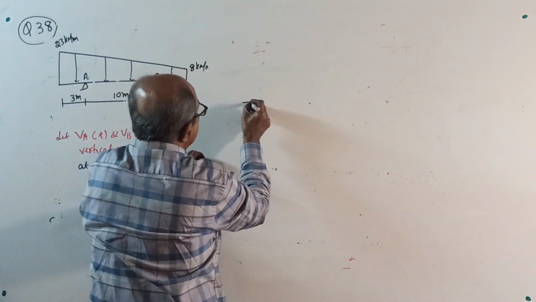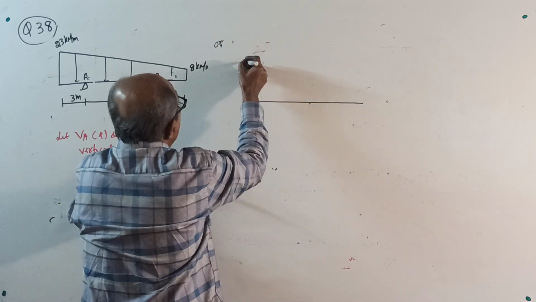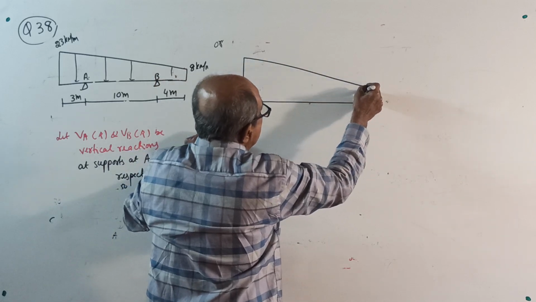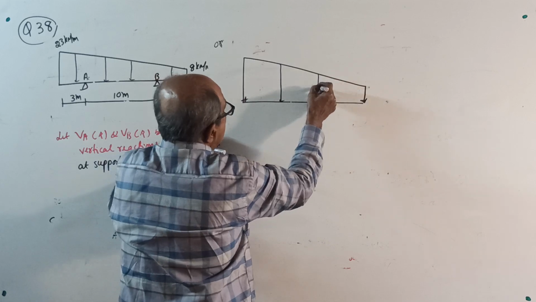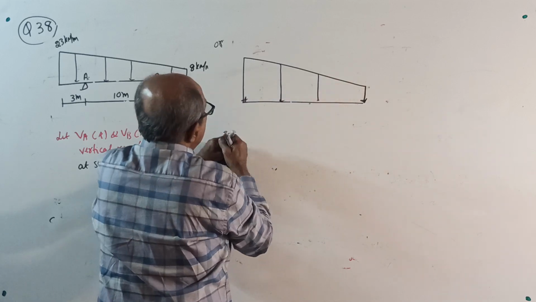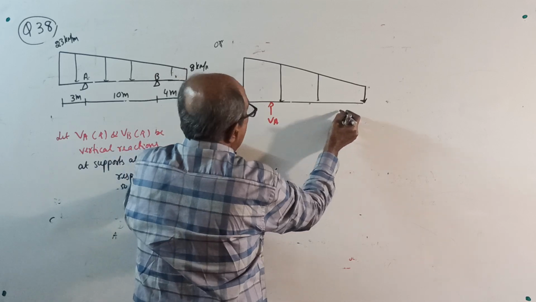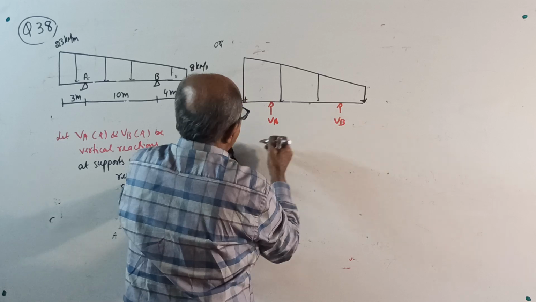See here, first option. If you are going for the trapezium as it is, A is here. Your VA comes here. 10 meter, out of scale, no problem. This VB comes here.